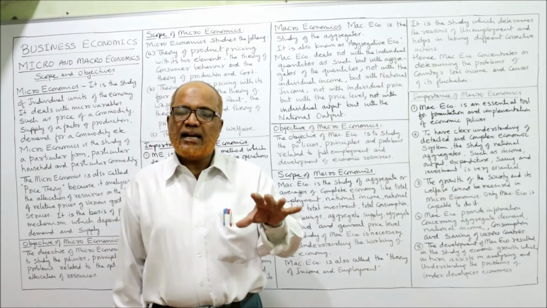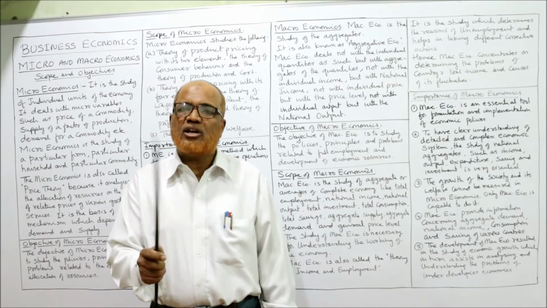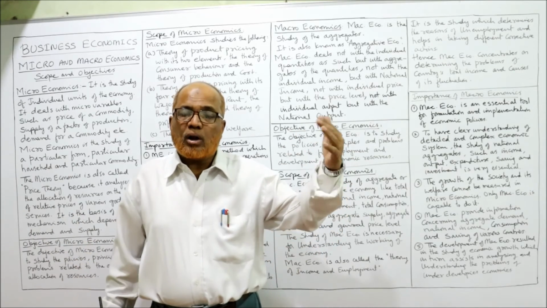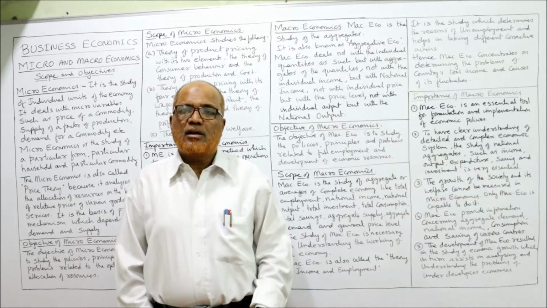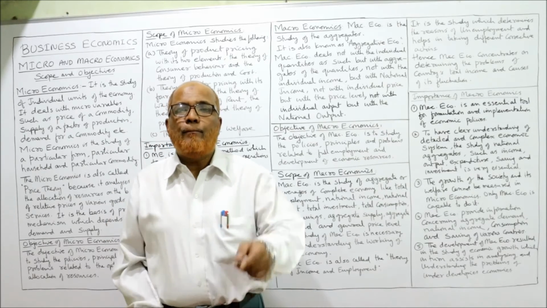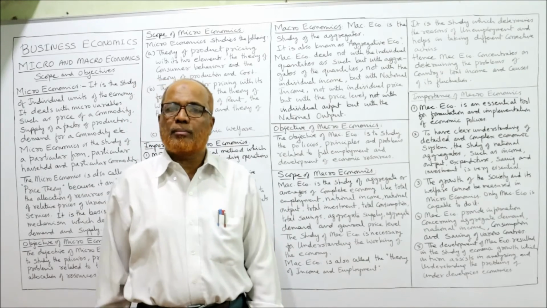Without understanding macroeconomics, we cannot understand the functioning of the whole economy, how the economy is running, how the government is making the policies. The government will make a number of policies and programs based on the study of macroeconomics.